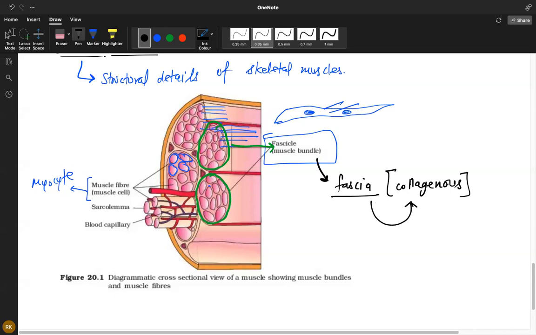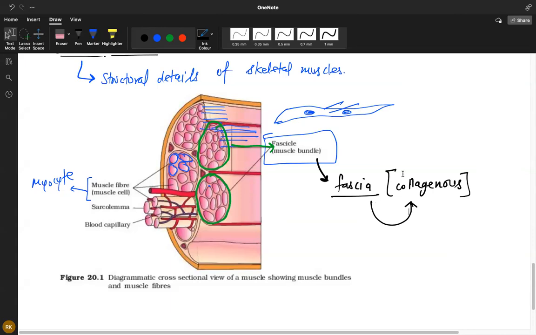So it's a collagenous connective tissue layer. Have you seen wirings? Many wires are put together and bundled using tapes, right? In electricity. Yes, sir. That's how our muscles are also organized.